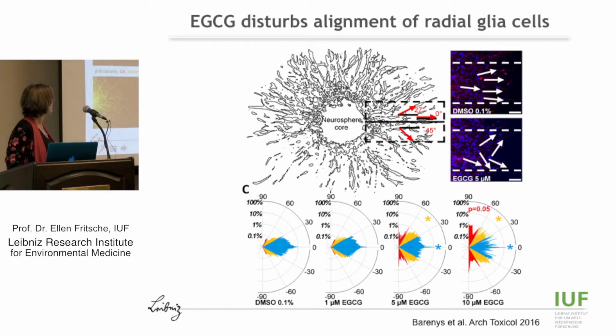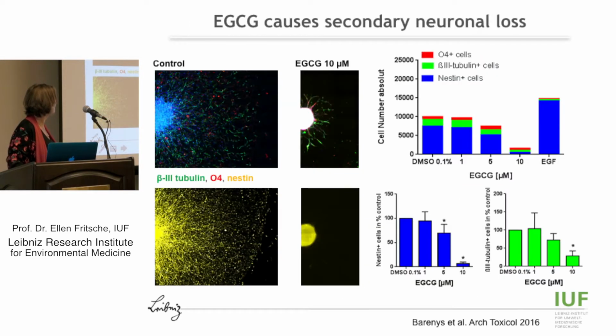And then you can also look at what kind of cells we have here: oligodendrocytes, neurons, and these radial glia cells, which are also positive for nestin. You see that with increasing concentrations, these nestin-positive cells get fewer to begin with because they cannot adhere. But secondarily, the neuron population also goes down, while the oligodendrocytes stay pretty normal.